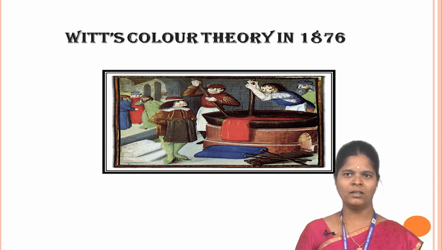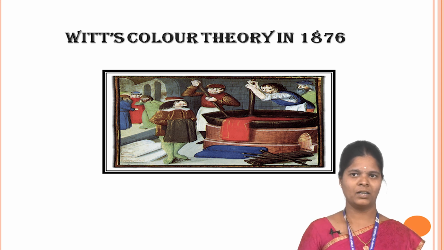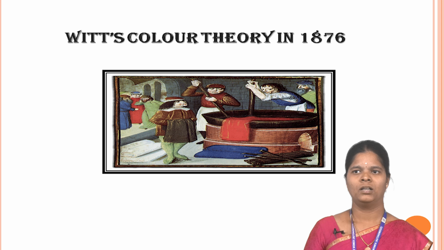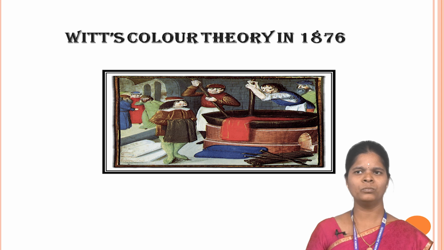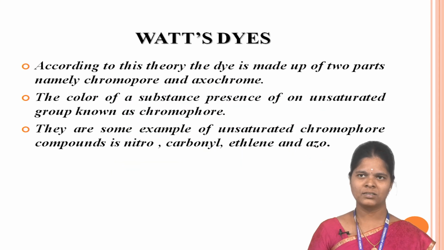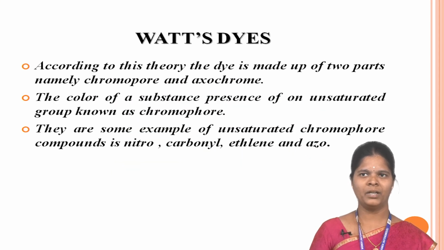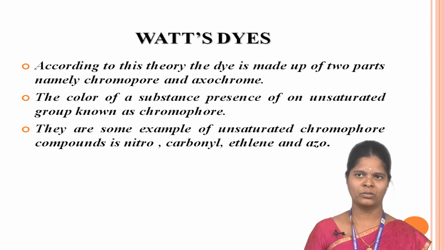The chromophore is a group of atoms which controls the color of dyes, and the auxochrome was a salt forming group which helped to improve the color of dyes. According to this theory, the dye is made up of two parts, namely chromophore and auxochrome.